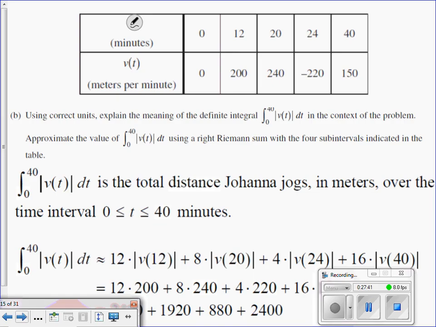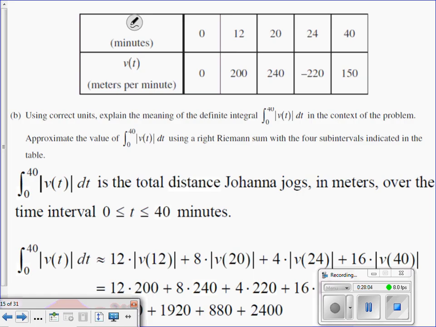Distance. So as far as explaining the meaning, this is going to give you the total distance traveled from time 0 to time 40. If you just integrate velocity, what do you get? Displacement. But when you integrate the absolute value of velocity, you get distance. And so that's just knowing that.